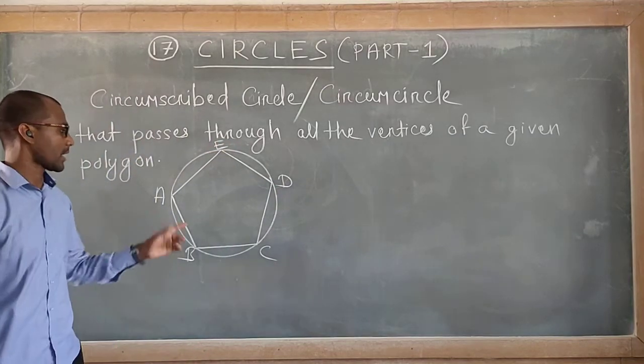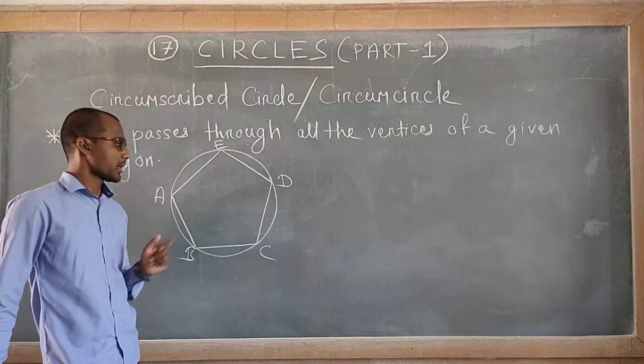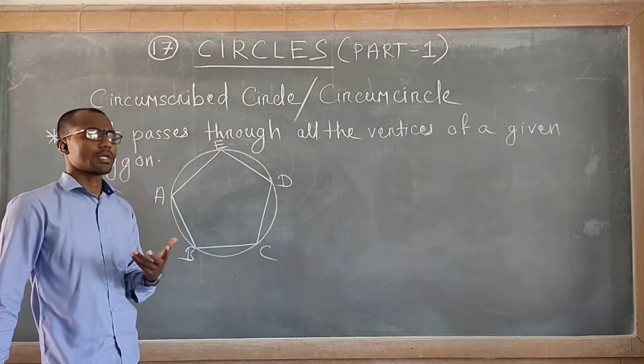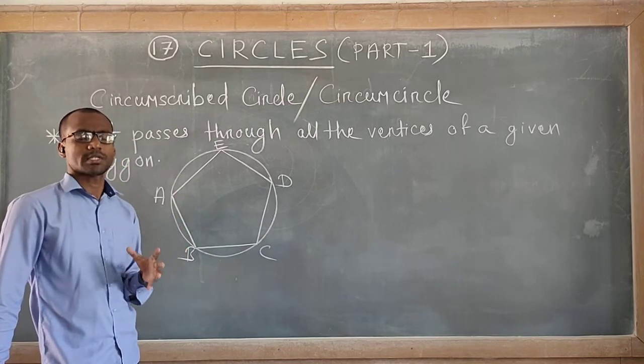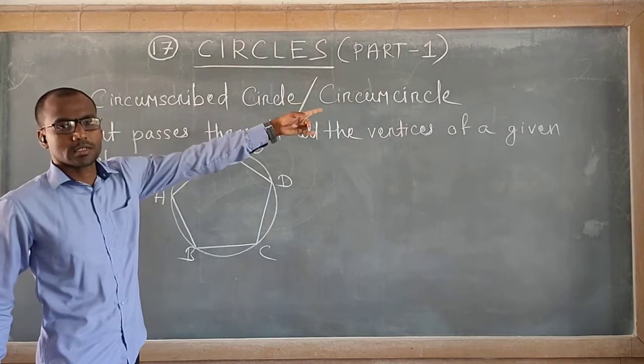You can see in the diagram all the vertices of the pentagon ABCDE lie on the circumference of the circle, or in other words, the circle passes through all the vertices of the polygon. Such a circle is called circumscribed circle or simply circumcircle.